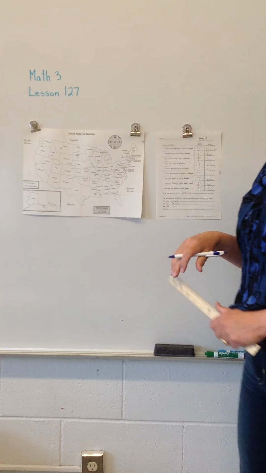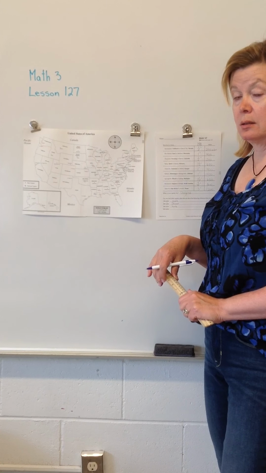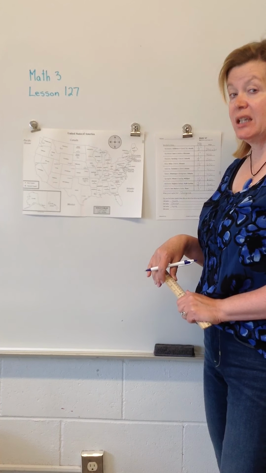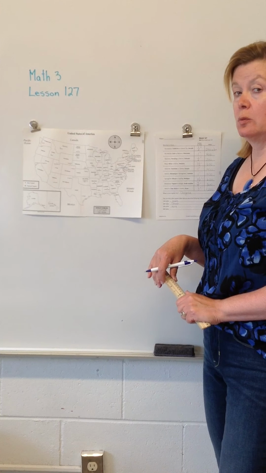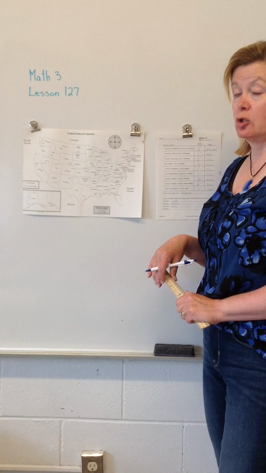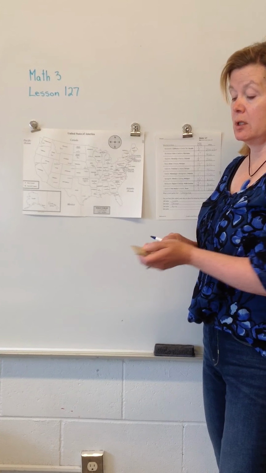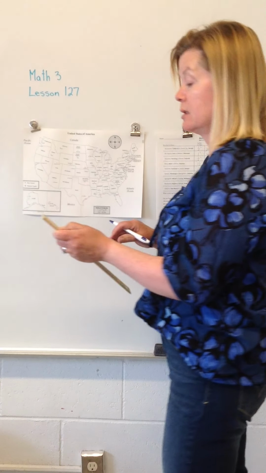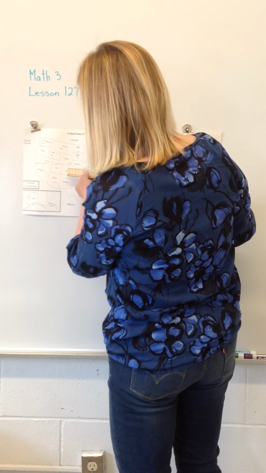How about another capital city that's 800 miles away? How many inches would we need? Remember 400 plus 400, or 400 times 2. We would need 2 inches. So let's see, from Cheyenne.